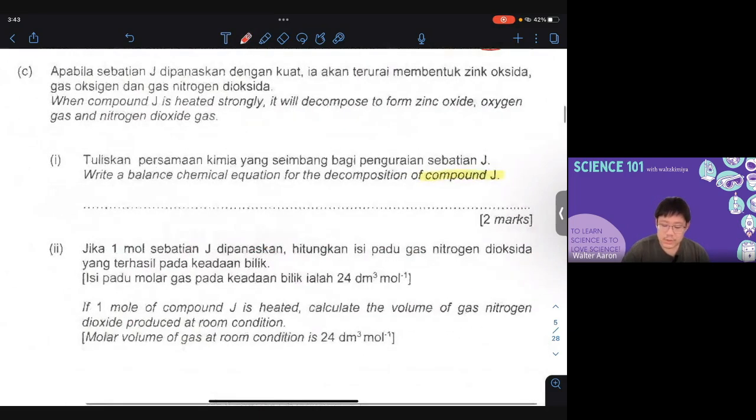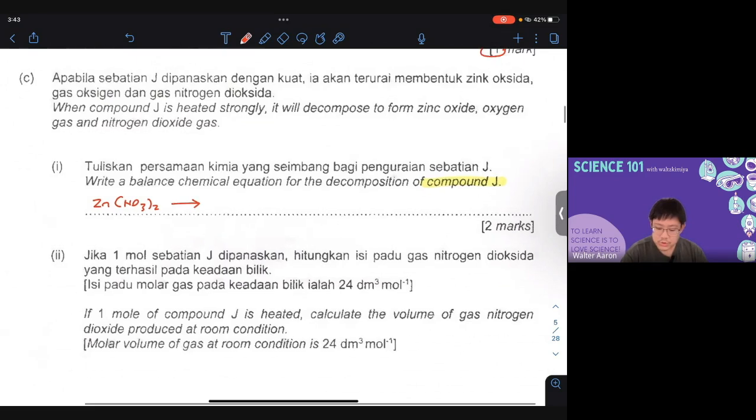So you put Zn(NO3)2 decomposes to form zinc oxide plus nitrogen dioxide plus oxygen gas. But you have to write a balanced chemical equation.